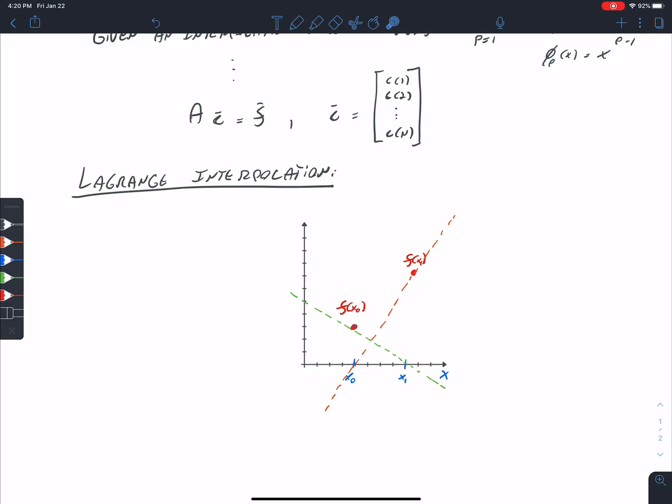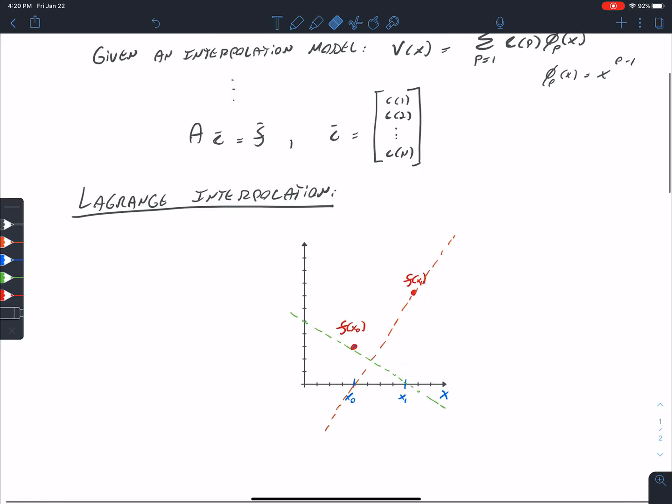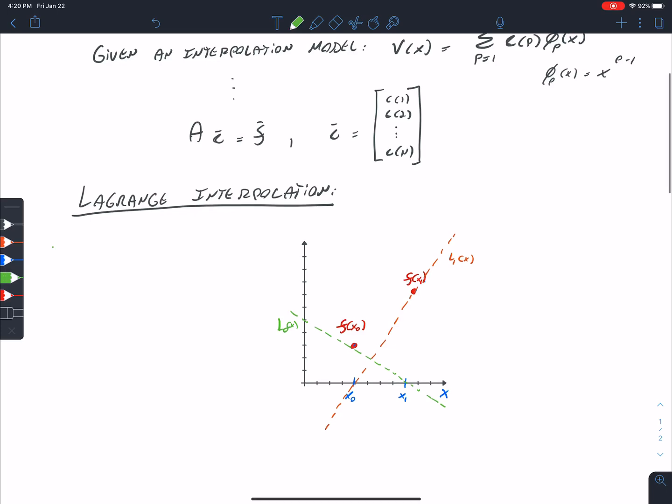So let's call this line here line 0. I'll call this L0 of x, and the orange line I'll call L1 of x. So let's look at what L0 should be, or what it can be.